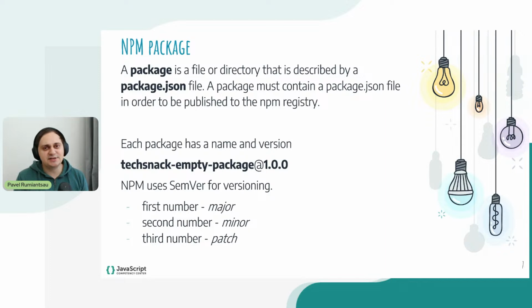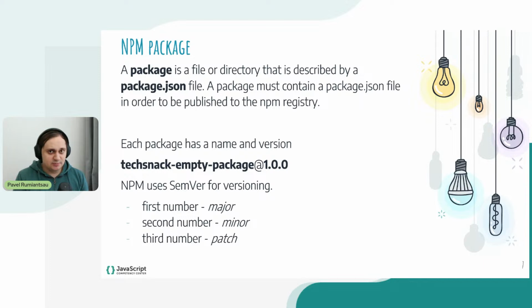So it will contain information that describes your package for NPM to be able to resolve your packages, and about you or the purpose of this library. We will discuss the package.json structure a bit later. But for now, you just need to understand that this file is the most important part of each and every library.